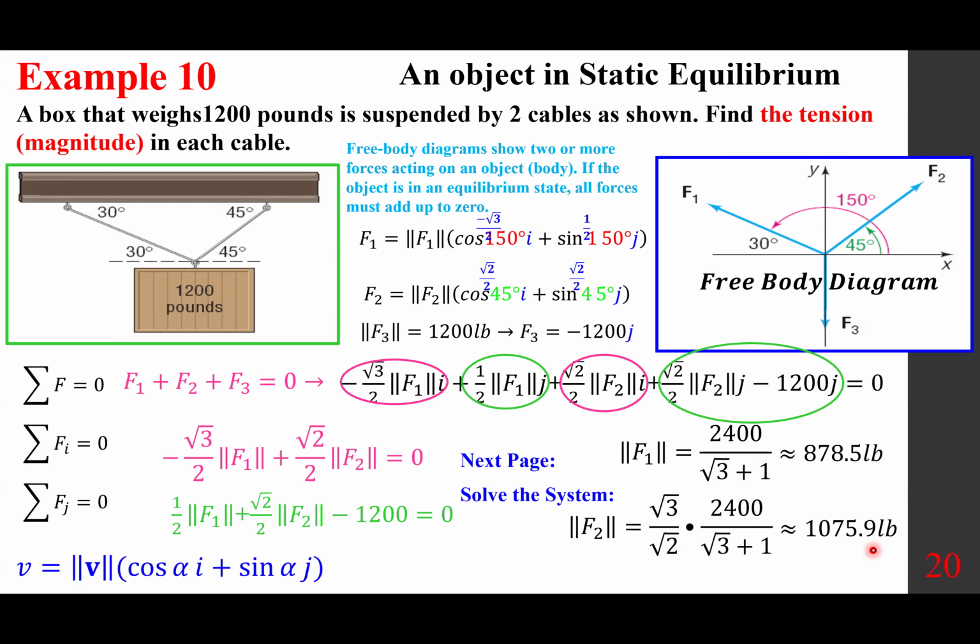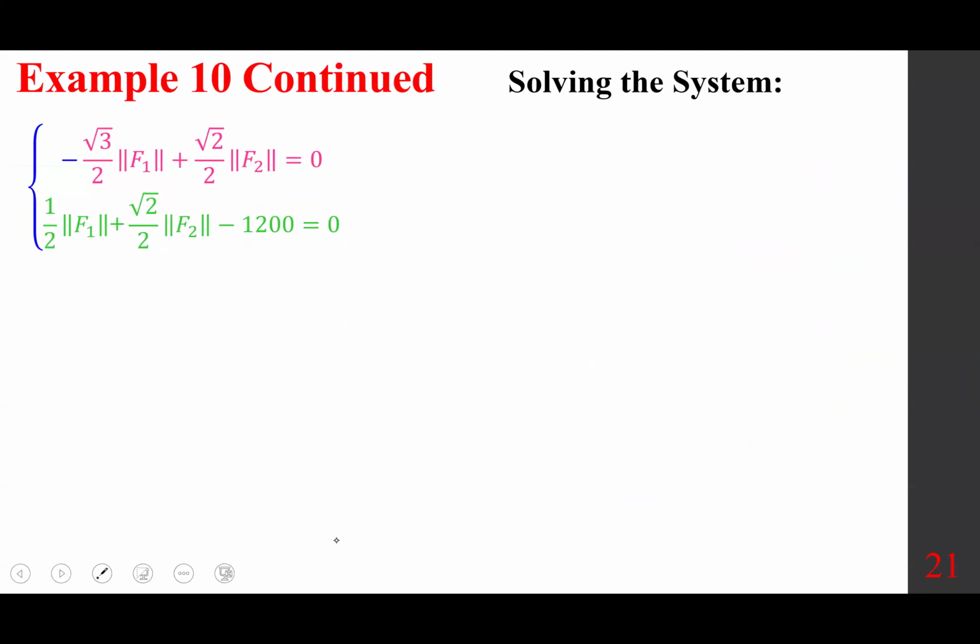Now I want to show you how to solve this. So I'm going to take this set to the other side, and I'm going to solve. The very first thing we do, we get rid of the denominator. Let's multiply this one by 2, this one by 2, and let's move this one to the other side.